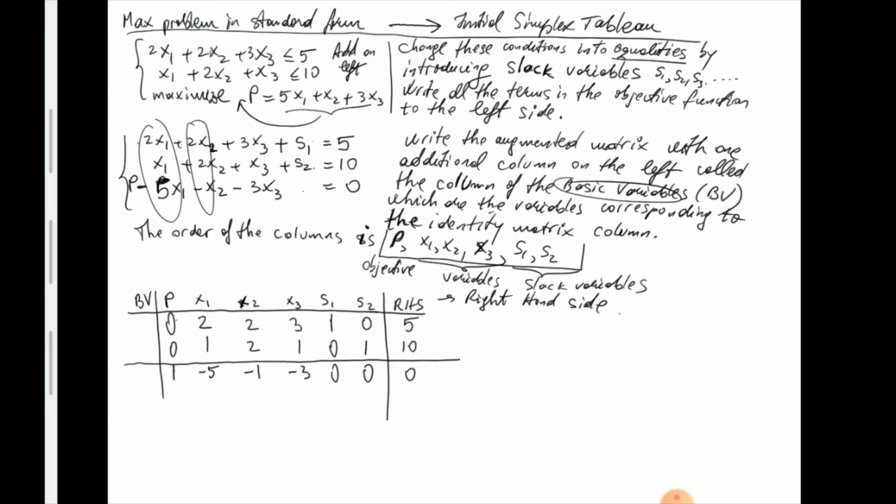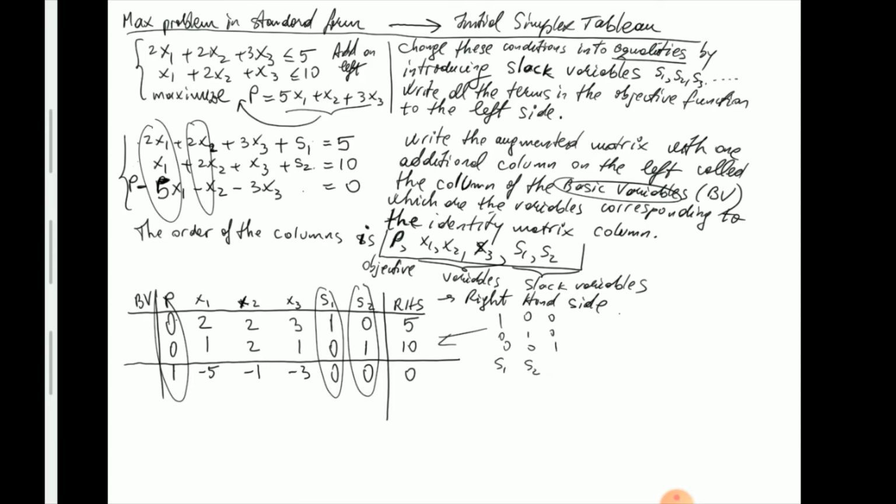If you look carefully, you always have the columns of the identity matrix, in this case the 3 by 3 matrix: 1, 0, 0, 0, 1, 0, 0, 0, 1. You always have these columns in the simplex tableau, not necessarily in that order, keep in mind. What we're going to call the basic variables are the variables corresponding to these columns in this order.